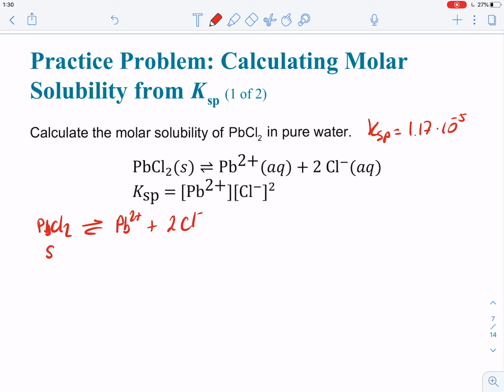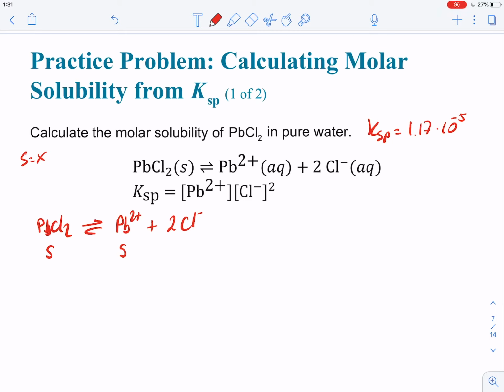Because between lead chloride and lead, the stoichiometry is 1:1, so the amount of lead ions that are dissolved is equal to S. And I'm using S because of solubility, but S is pretty much X when we were doing acid-base equilibrium.